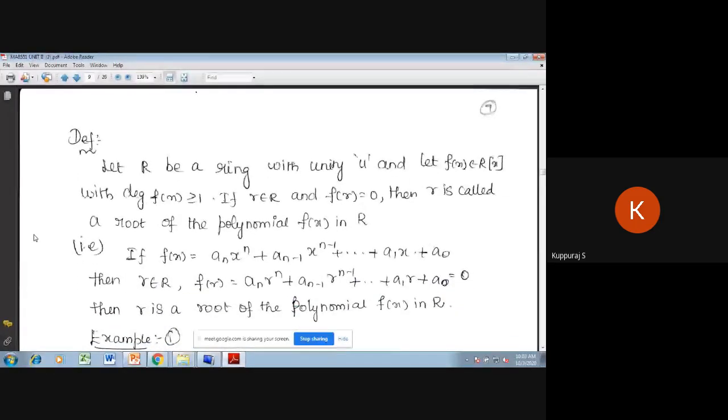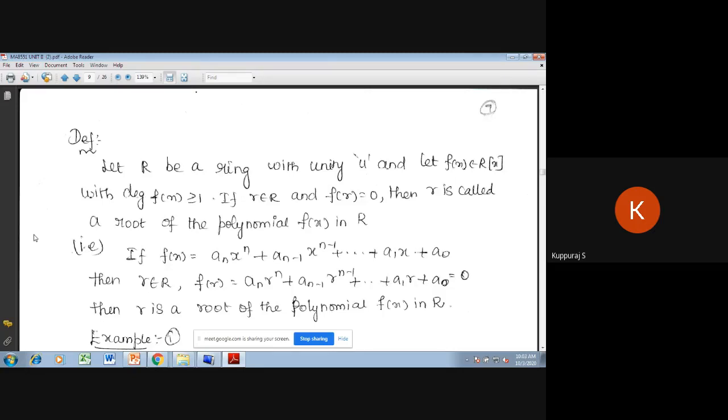So next, see the definition. Let capital R be a ring with unity U, and let f of x belong to capital R of x with the degree of f of x greater than or equal to 1.